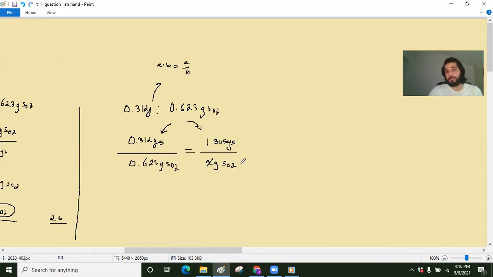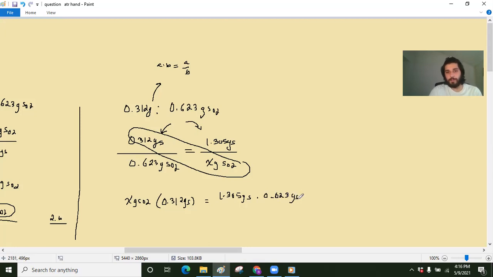Since it's a proportion, you can cross multiply. So X grams of sulfur dioxide multiplied with 0.312 grams of sulfur would equal 1.305 grams of sulfur multiplied by 0.623 grams of SO2.